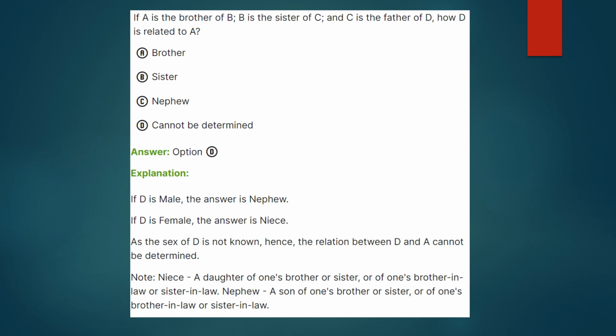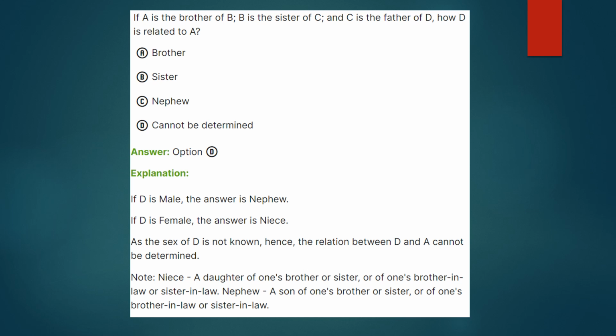Let's see one more example. If A is the brother of B, B is the sister of C, and C is father of D, how is D related to A? Now, among this A, B, C, D, in every variable, it is not mentioned here which is male or female.